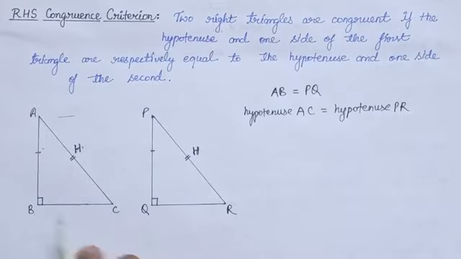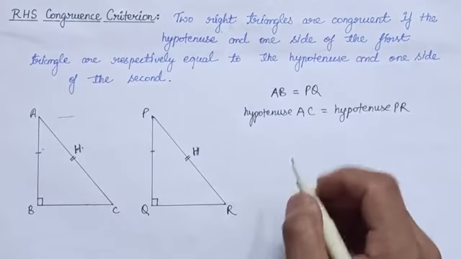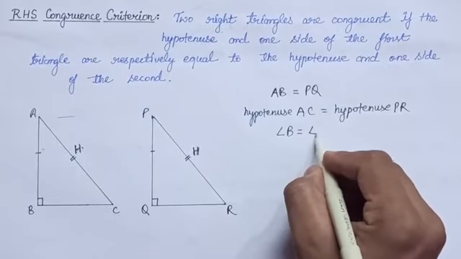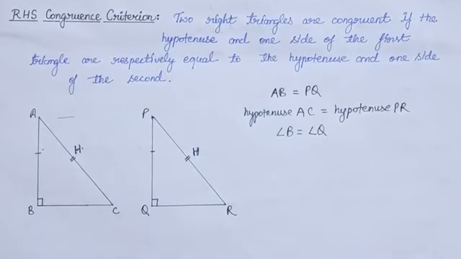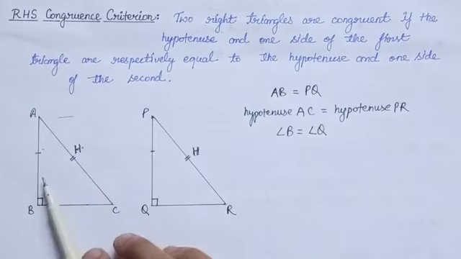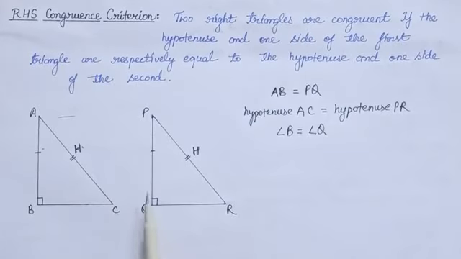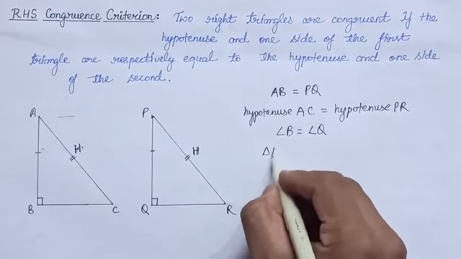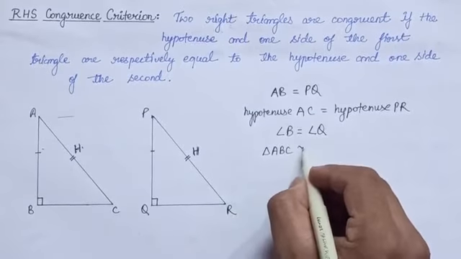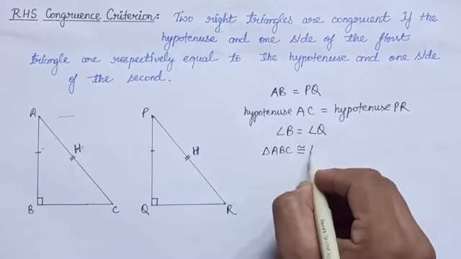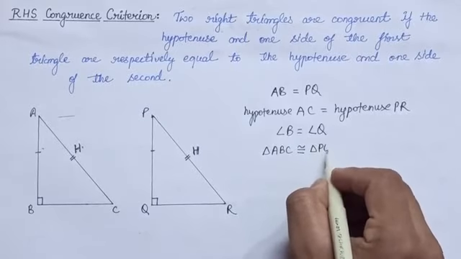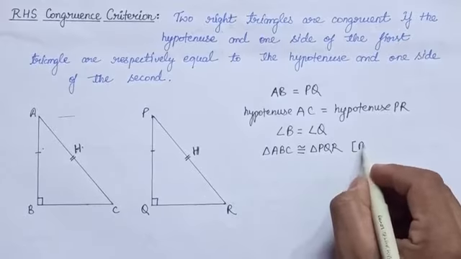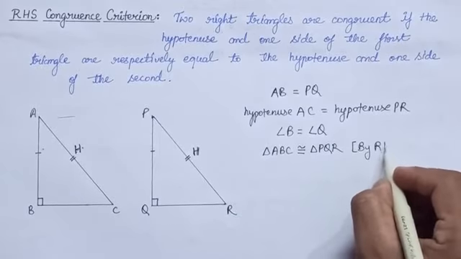Why? Because both measure 90 degrees. Hence we have angle B is equal to angle Q. So we can say these two triangles, ABC and PQR, are congruent to each other by RHS congruency.